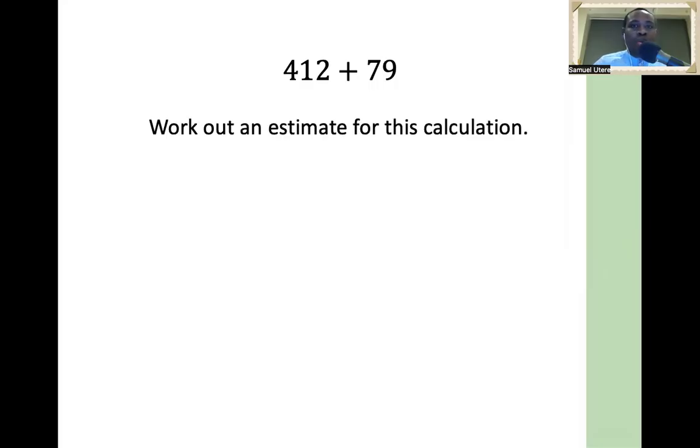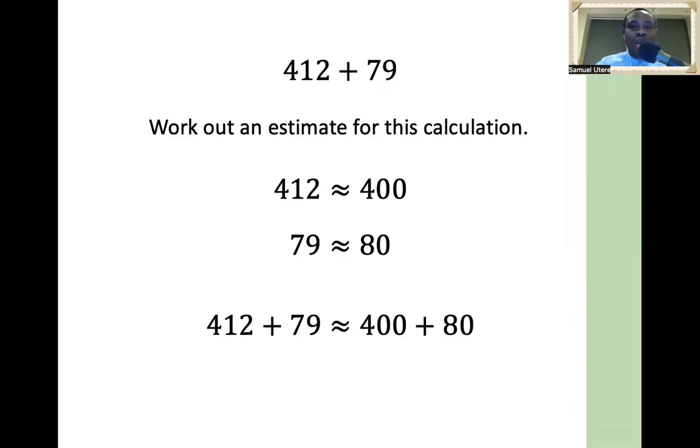So we could do the estimate of 412, which is 400. So 400 is closer to 412, and 80 is closer to 79. So our calculation in estimation becomes 400 plus 80, which is 480.